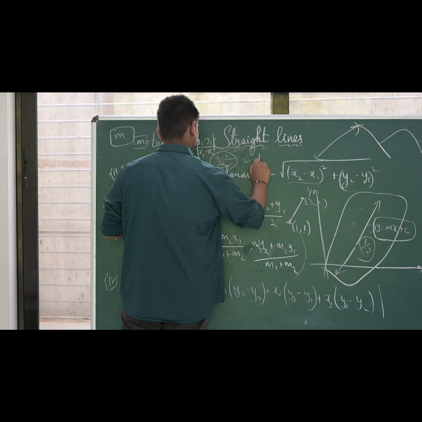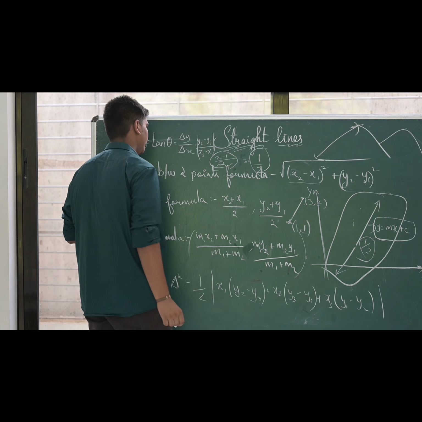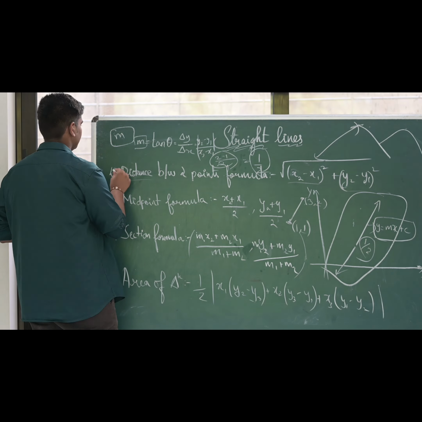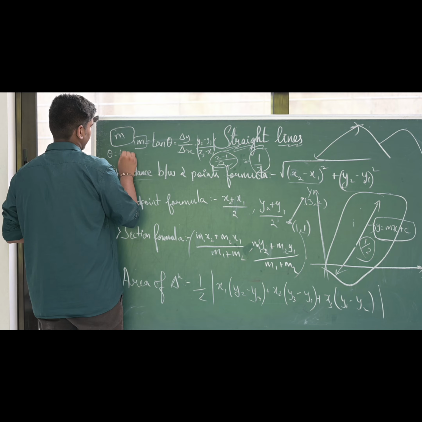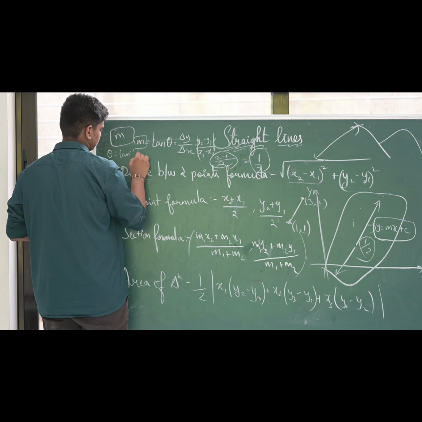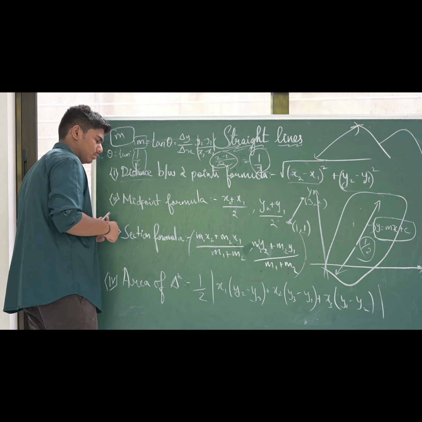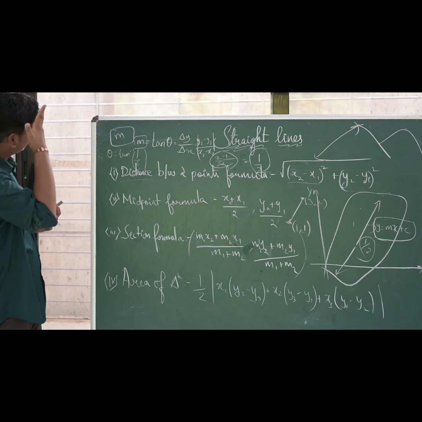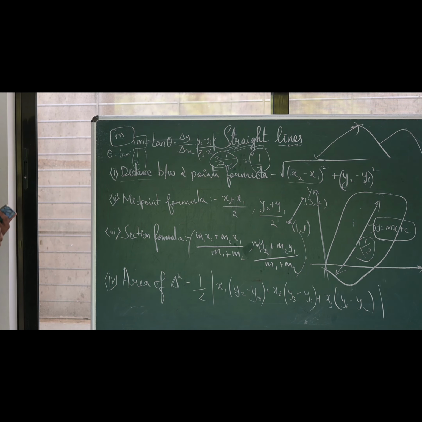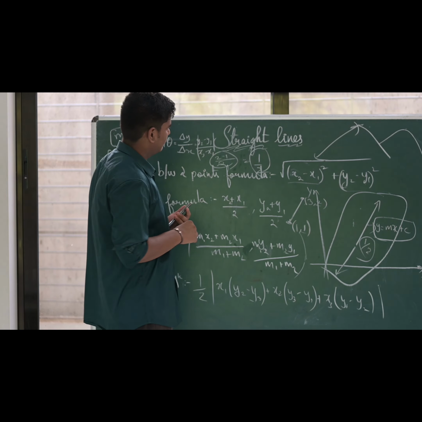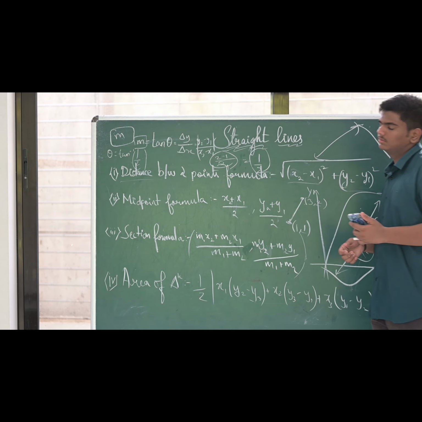So it's 1 by 2. The slope of the line is 1 by 2. Now, tan theta is equal to 1 by 2, so theta is tan inverse 1 by 2. Moving on, let's see how parallel lines and perpendicular lines form slopes.